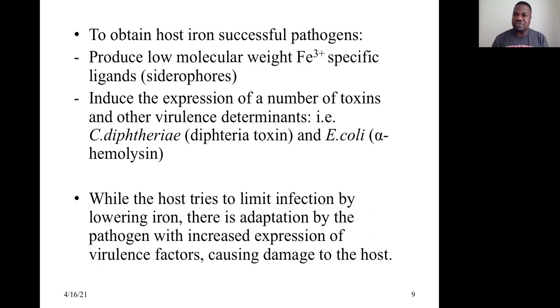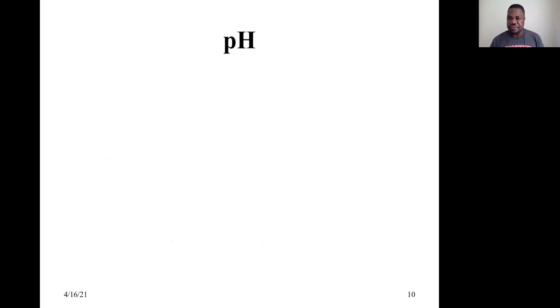That will force your cells to release iron, and then those microorganisms will capitalize on that iron. So while the host tries to limit infection by lowering the iron in circulation, there is adaptation by the pathogen, which tries to increase its virulence factors to cause damage to the host so that it can take advantage of that iron to help it replicate.